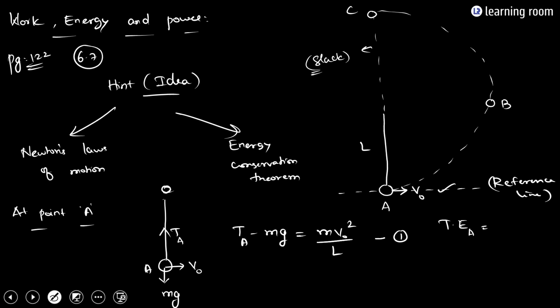The total energy is always contributed by two components: kinetic energy at point A plus potential energy at point A. So the total energy at A is equal to, what is the kinetic energy at A? It is half m v naught square plus the potential energy, which is going to be 0. So this is going to be equation 2. Am I clear with this? Make a note of it.